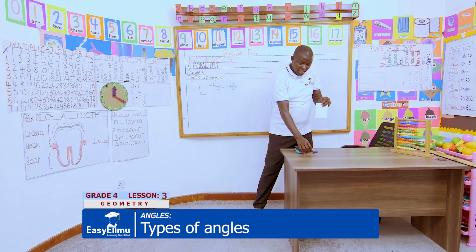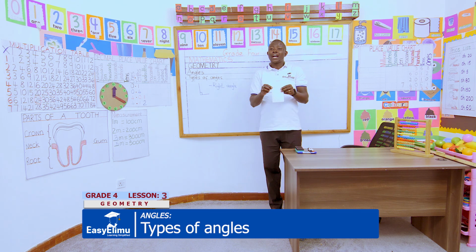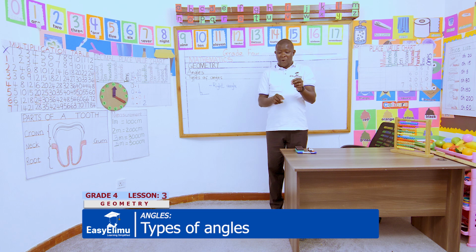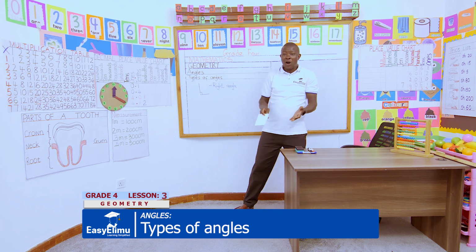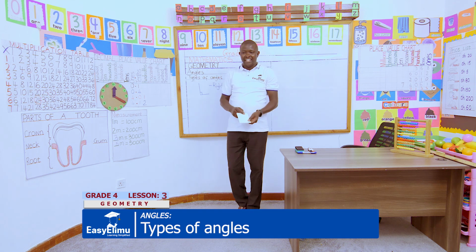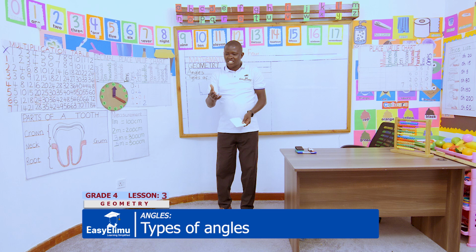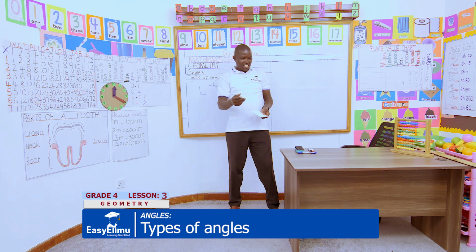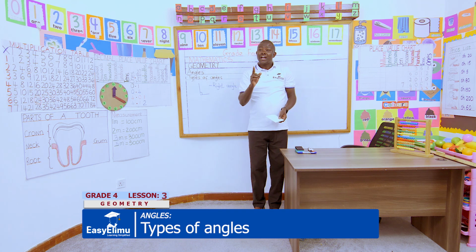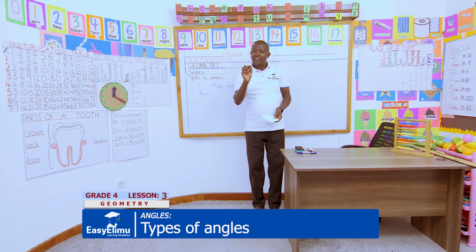Now, before we look at another type, where can you identify such an angle in our class? Learners, in our groups we can discuss and tell where we can identify this. Yes, I will start with Jen. Jen, you can see that angle on our table.